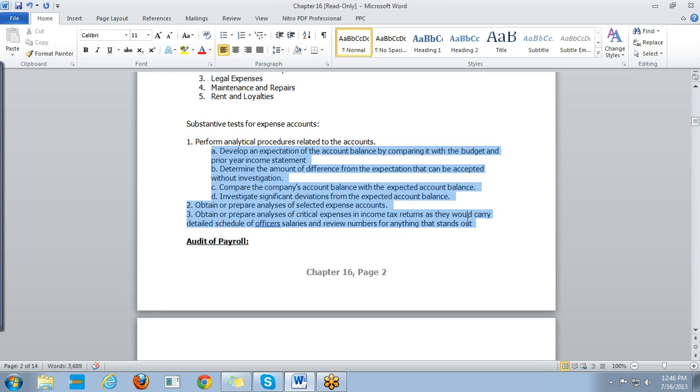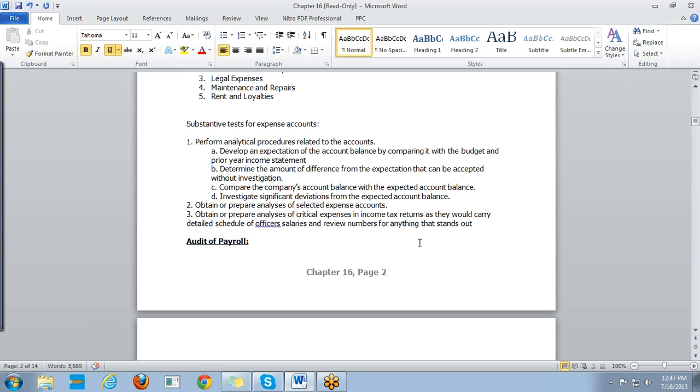What are these substantive tests all about? Develop your own expectation based on budget. Look at the budgeted numbers, compare them with the previous year. Now, when you do analytical procedures and you see a big variance, start questioning. Print out the ledger, and when you do that, you will immediately start getting answers for these kinds of things.